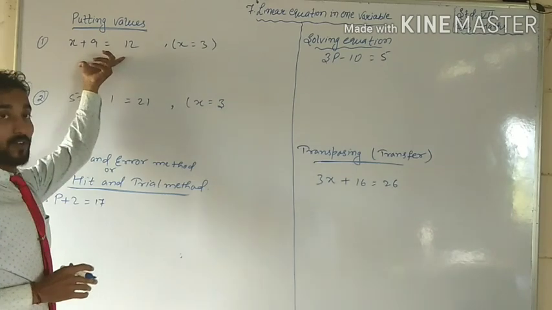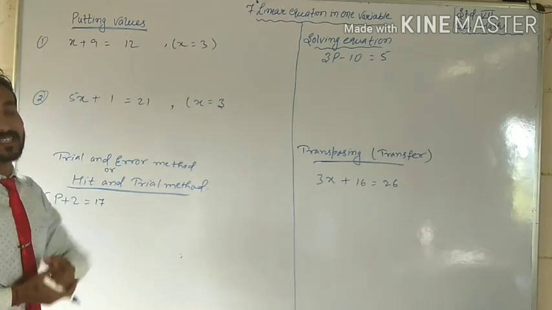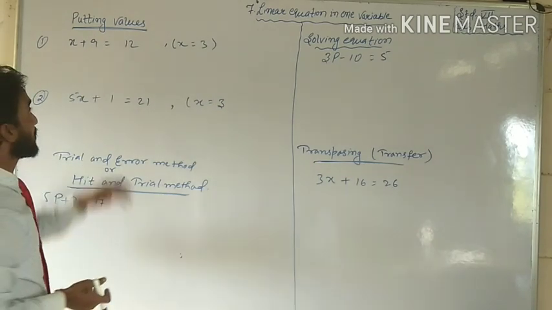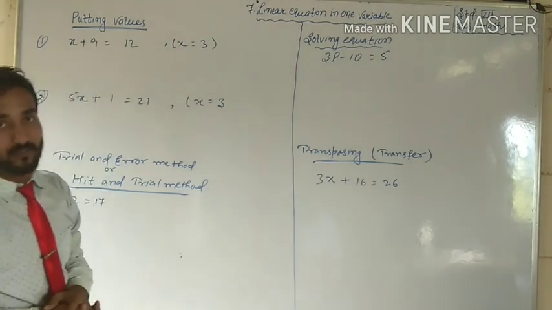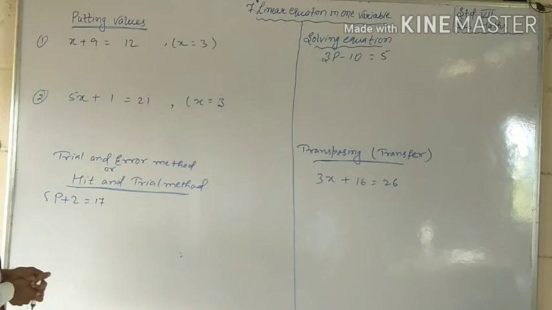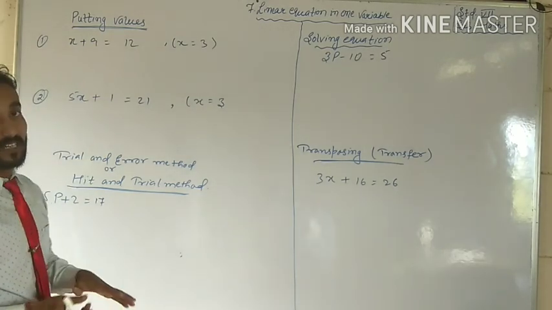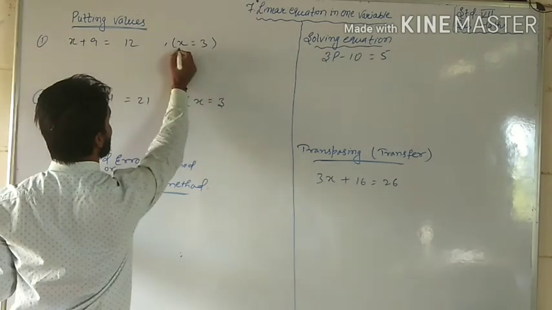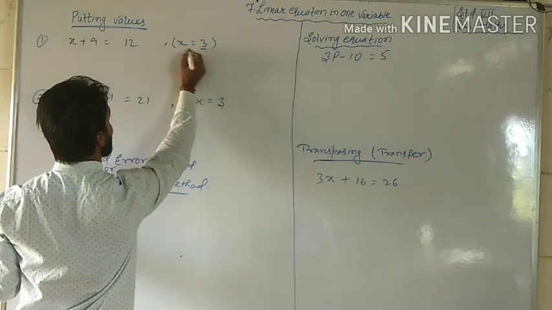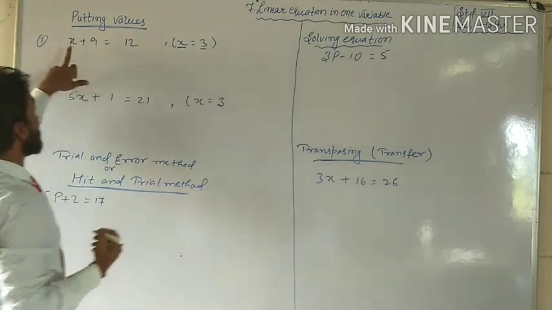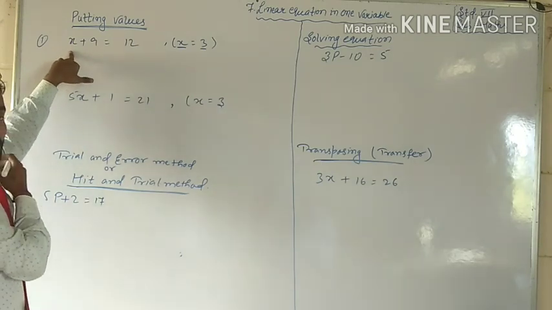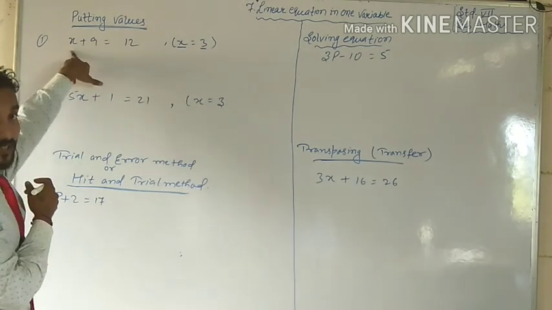This is an equation. And x is equal to 3. How will you solve? Simple: putting values. It means the numerical value given for the variable has to be put into the equation.